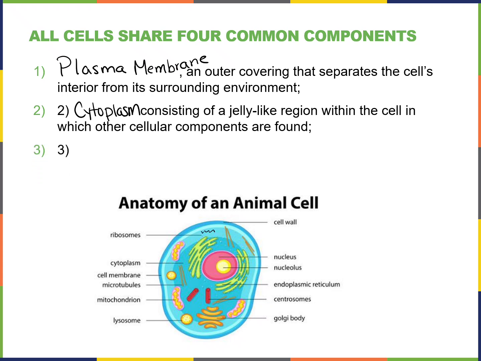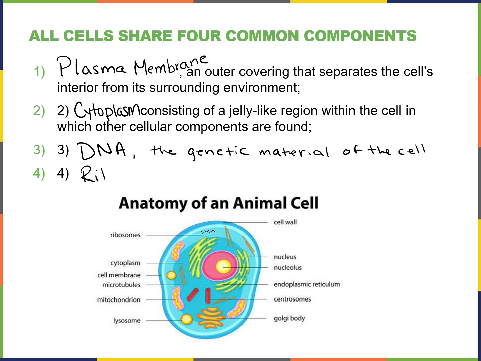The third is DNA. DNA is the genetic material of the cell. And then finally, the last thing that all cells have is ribosomes.